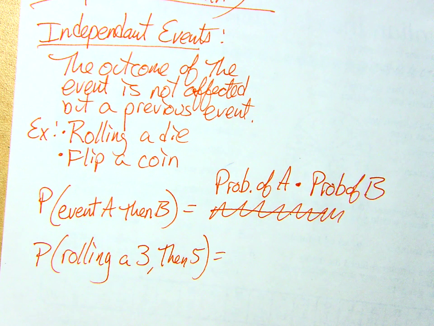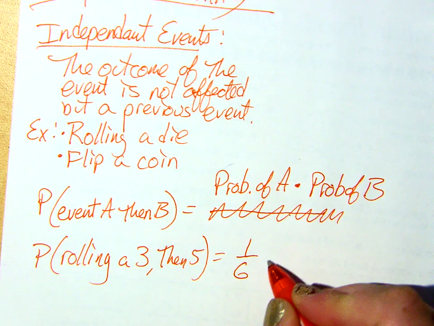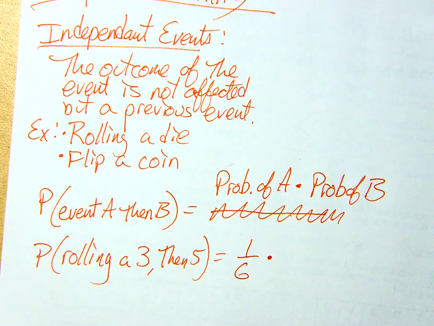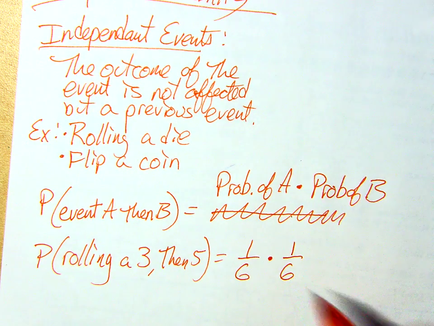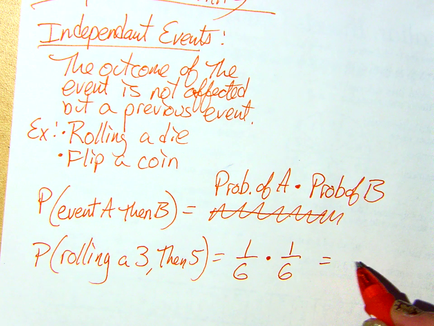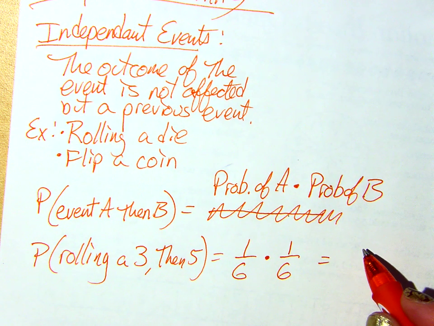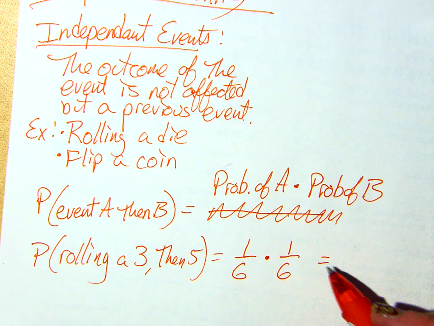So if I wanted to find the probability of both of these things happening, I just find the probability of me rolling a 3, which would be what? 1 out of 6. And I'm going to multiply it by the probability of me rolling a 5, which is 1 out of 6. So the answer would be, what is 1/6 times 1/6?